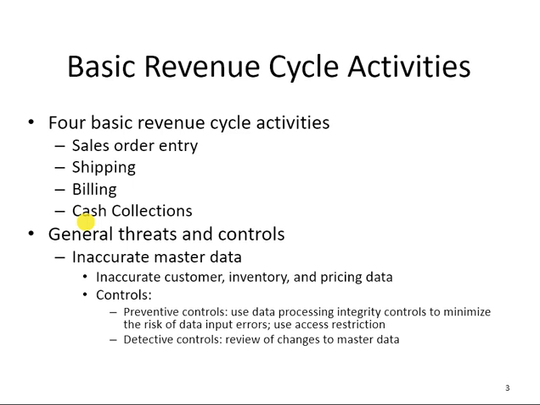So what are the controls? We can use data processing integrity controls to minimize the risk of data input errors. We talked about input controls in the previous lecture, and you can check what those input controls are.